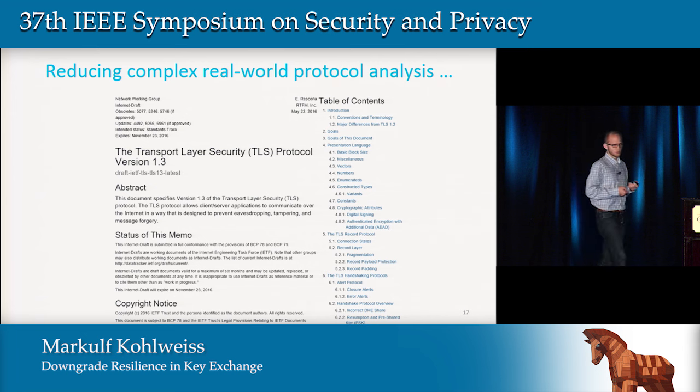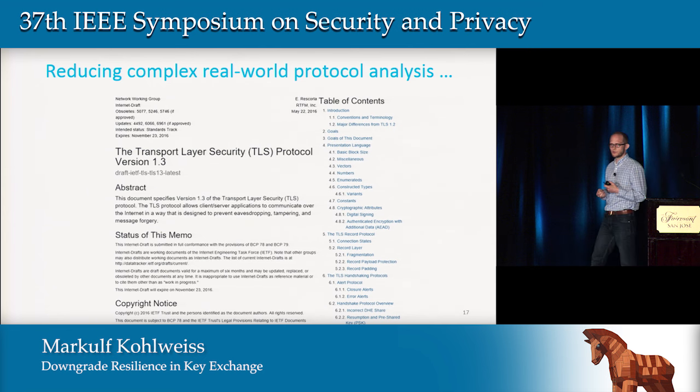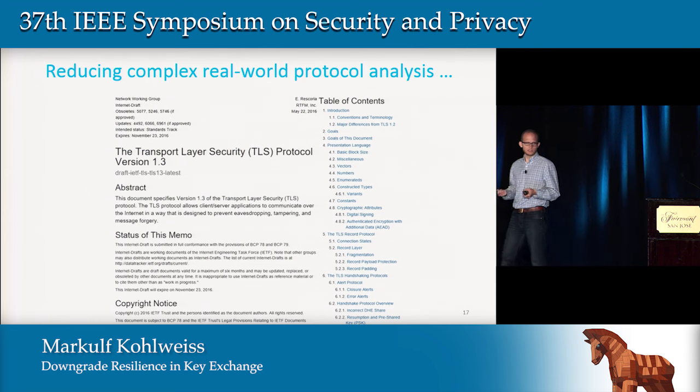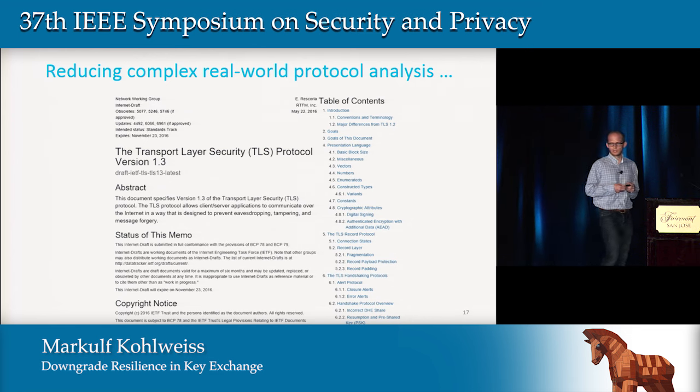So as everyone working on TLS knows, the standard is very complex. And usually the first step when writing a paper or doing some analysis of TLS is to simplify the protocol. So our second contribution is to show how this can be done in a sound manner.